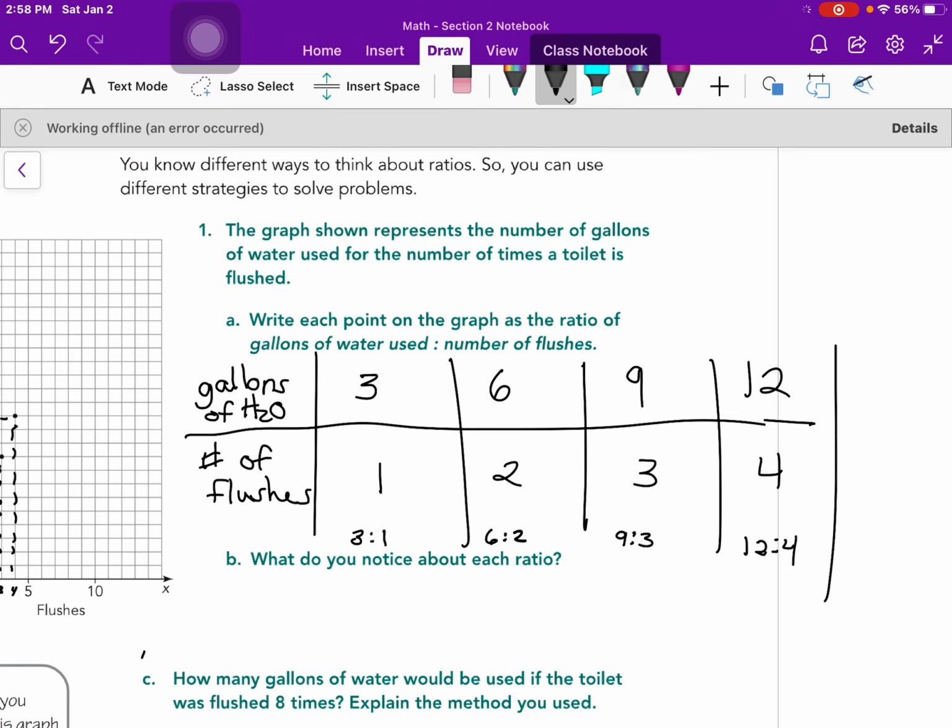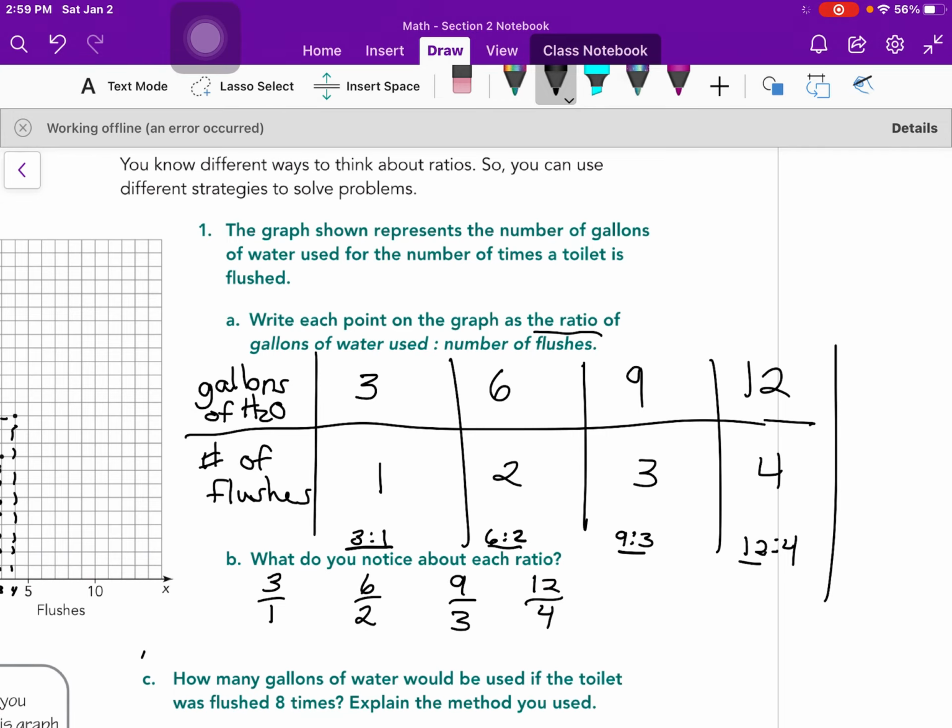Okay, so write each point as a ratio. So I did that right down here. Gallons of water used to the number of flushes. What do you notice about each of these ratios? 3 to 1, 6 to 2, 9 to 3, 12 to 4. I hope you're playing Catch My Mistake, and you figured that out.